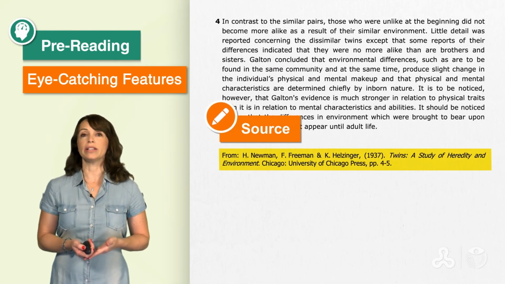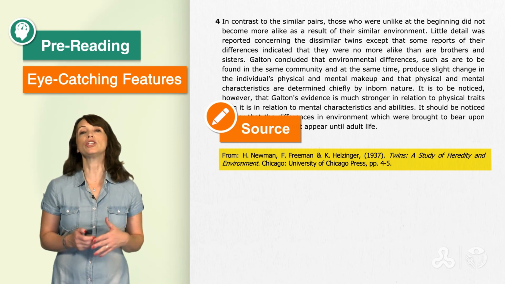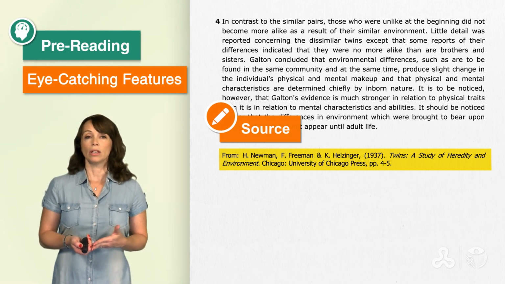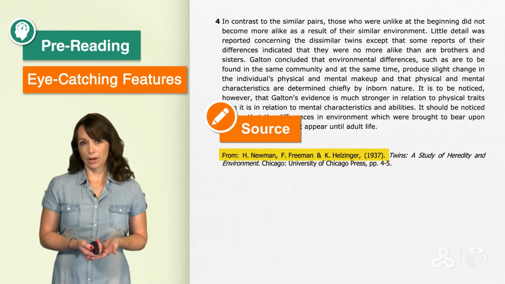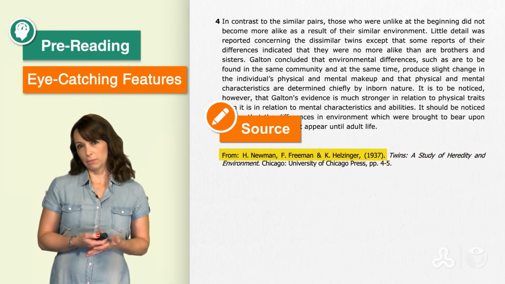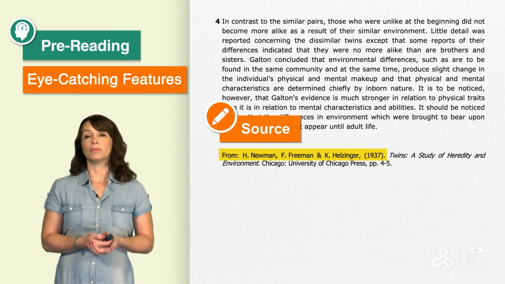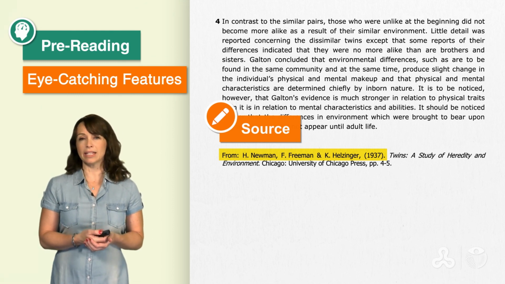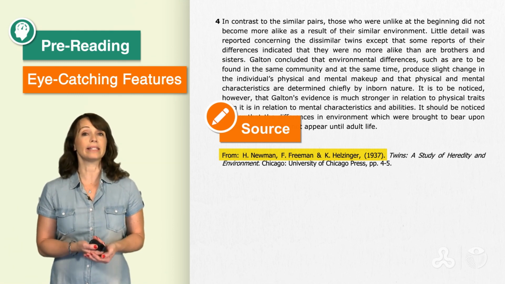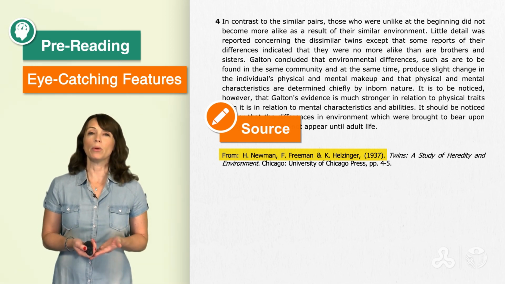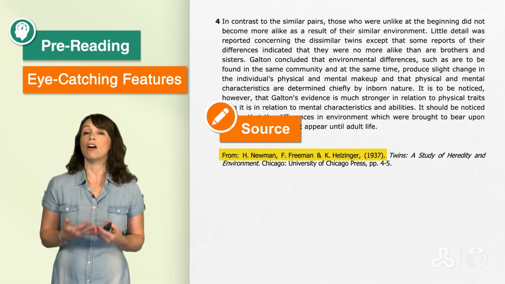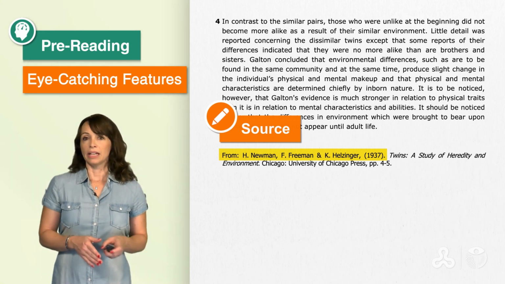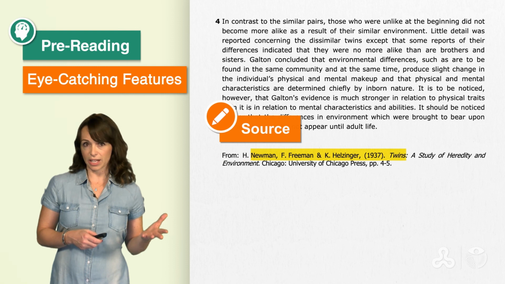Now let's look at the source and let's see what additional information we get from the source. So in the source, we have the writers' names, okay? It's Newman, Freeman, and Heltzinger from 1937. Now this text is a pretty old text, okay? But remember, we're talking about one of the first scientific studies of twins. So that's fine. Now let's look at the name of the book, where this comes from.